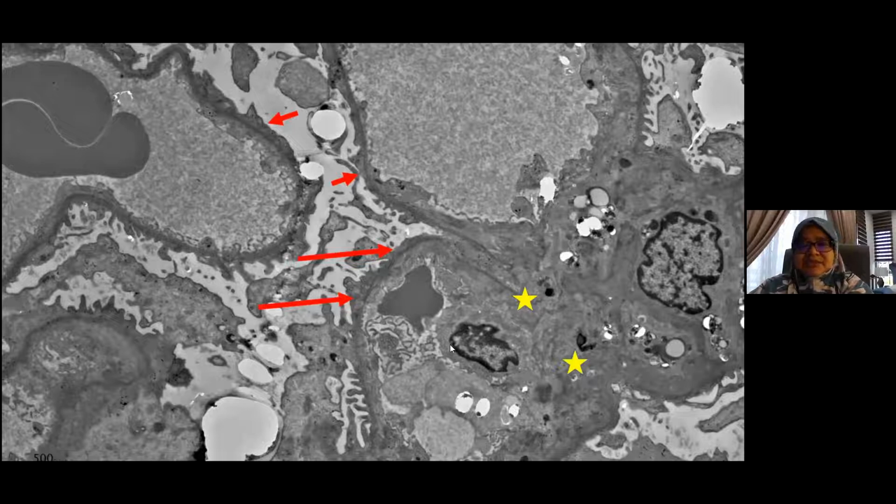Here, more foot process effacement. This is the mesangium, and this is one mesangial cell. Here we can see some apoptotic cells.